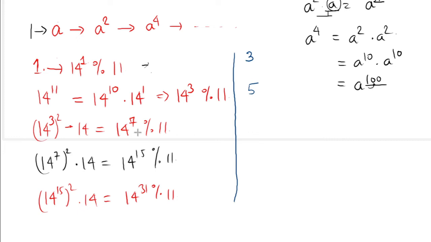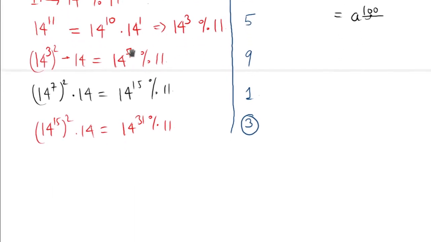And here it will be 3 power 7 mod 11, which is 9. And 14 power 15, which is equivalent of saying 3 power 15 mod of 11, which is 1. And 14 power 31 mod 11 is equivalent of saying 14 raised to 15, which is 1 times 14. So this answer should be 3.